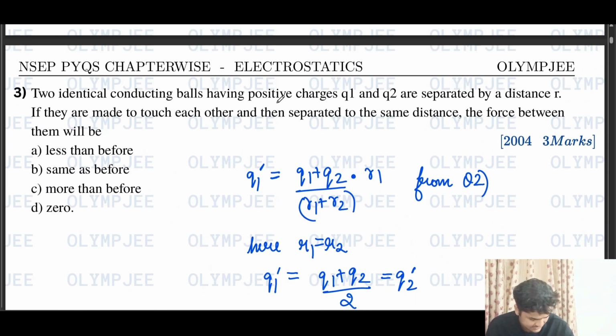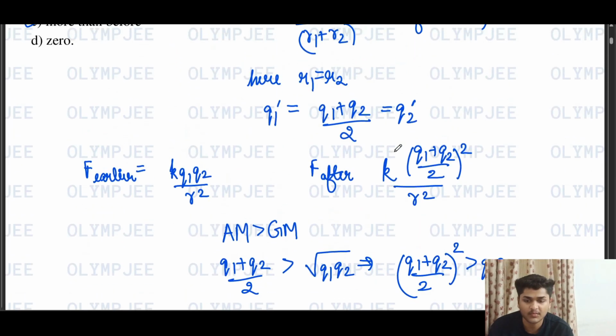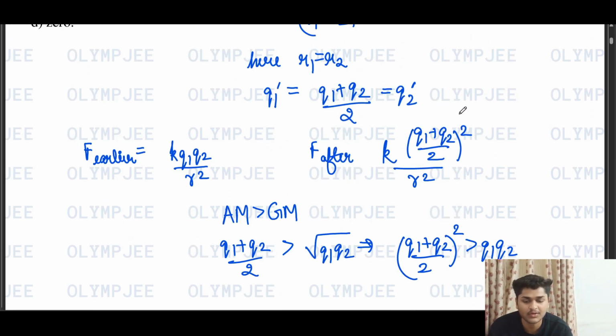So we get the answer as more than before. You can also do this by putting random values of Q1 and Q2, because it should satisfy always, because it is single correct. So you can put any value of Q1 and Q2 and check which one is greater, Q1 Q2 or (Q1 plus Q2 by 2) whole square.